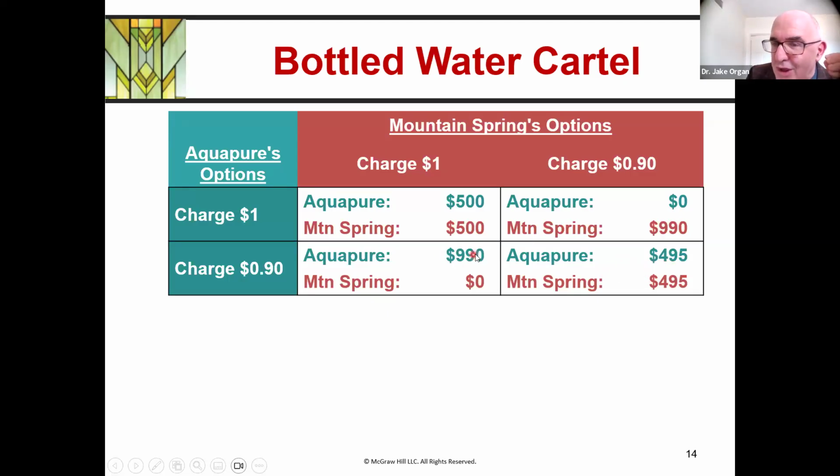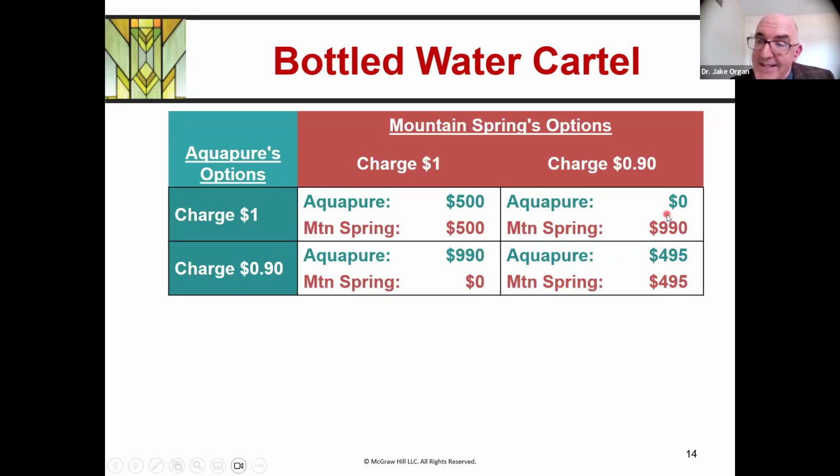The temptation for these mega profits is going to drive them to try and undercut the other person. And then because they're going to keep trying to undercut each other, it's going to drive from a monopoly situation where they're making nice monopoly profits to a place where it's more like perfect competition.